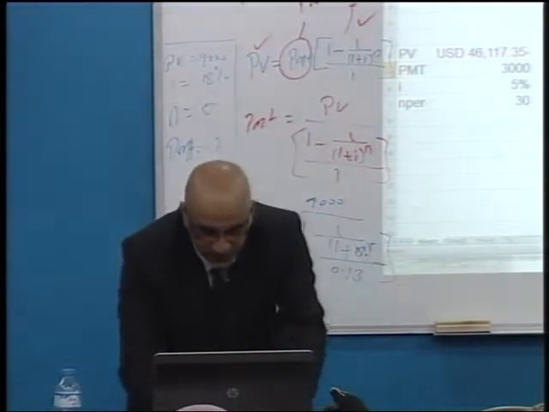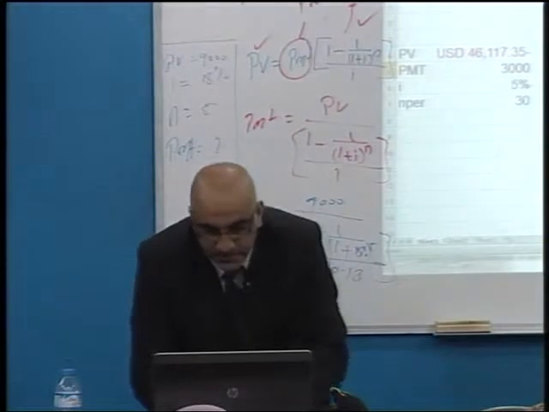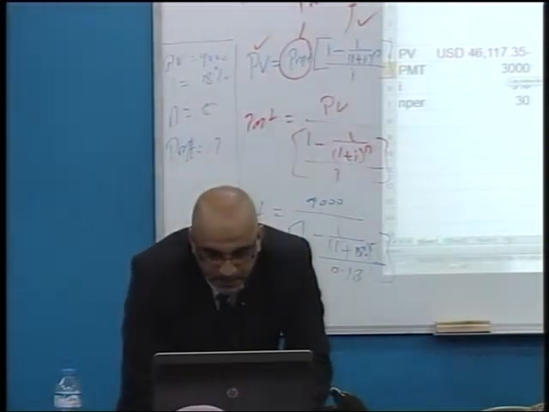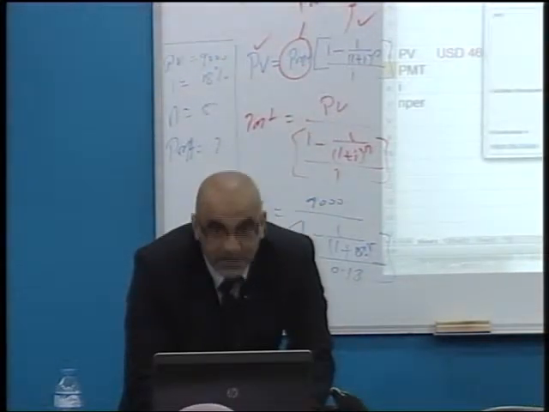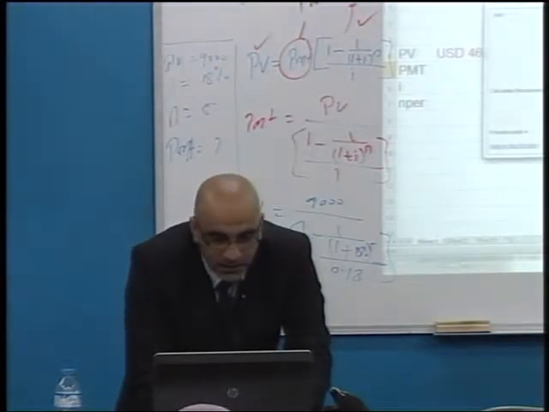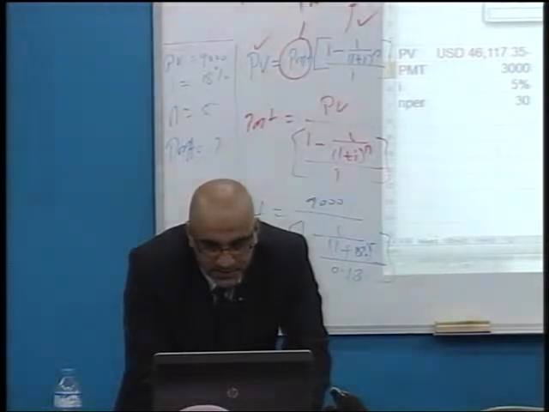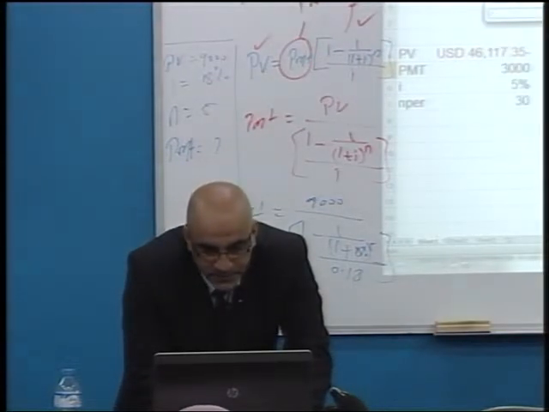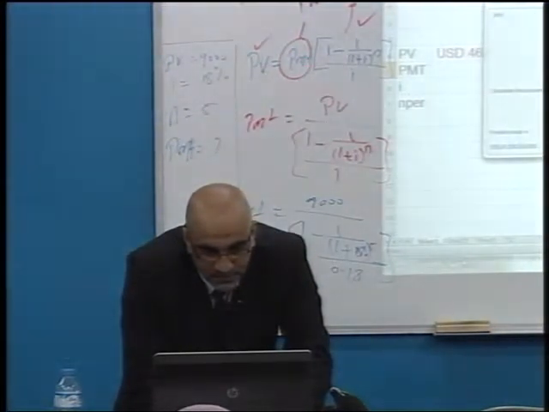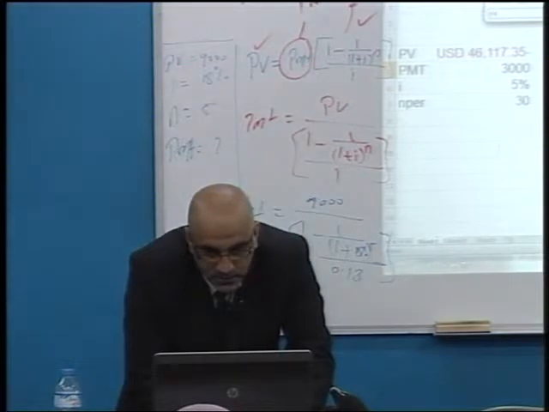So how do we do this? Just write payment. The function is PMT. Rate is 18%. Number of periods is 5. And the present value is 9,000.